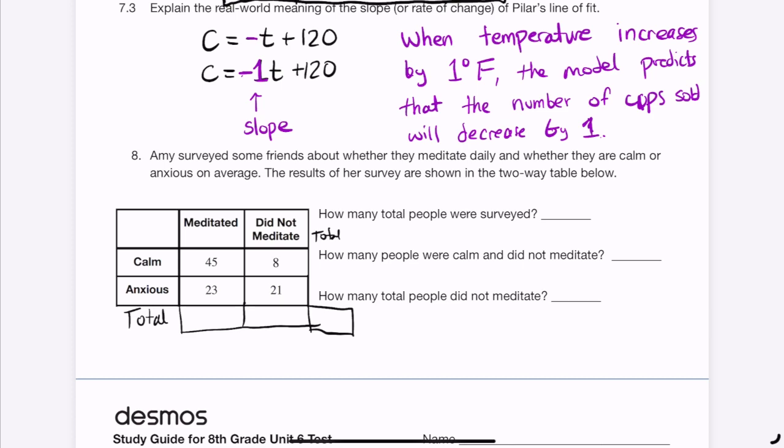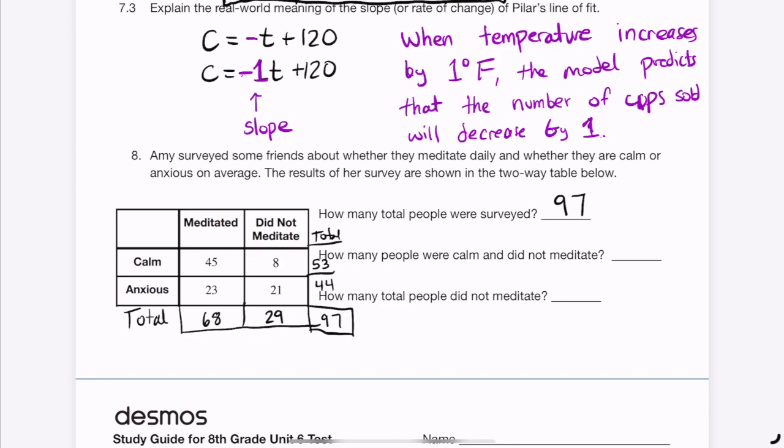So we have that there are 53 people who said they were calm when I add 45 plus 8. And we have that there are 44 people who said they were anxious. So then in total, there's 97 people that Amy surveyed. We could also see that by seeing that there are 68 people who meditate and there's 29 people who don't. So if you add those together, in total, there's 97 people.